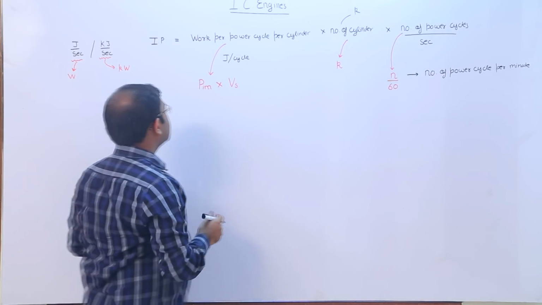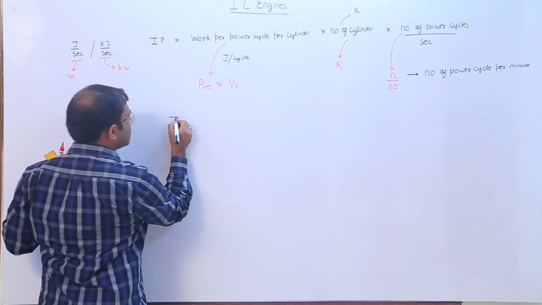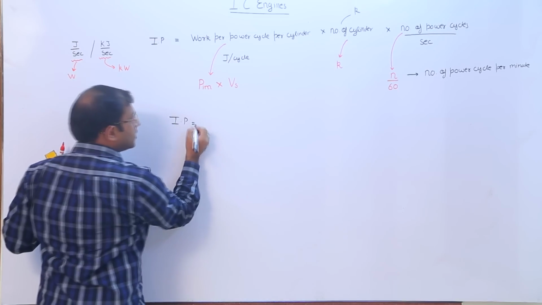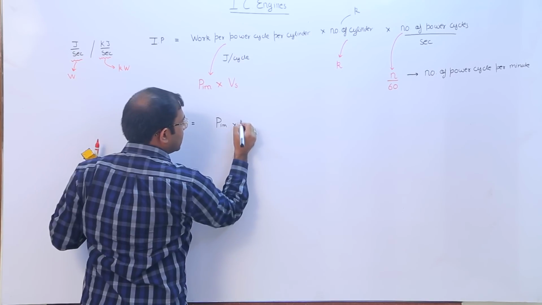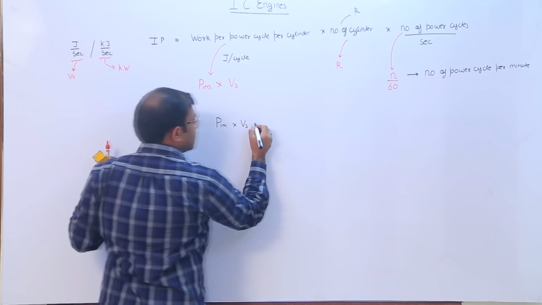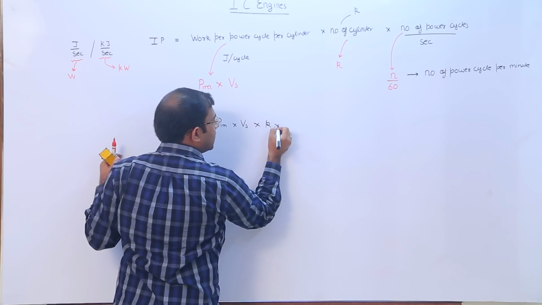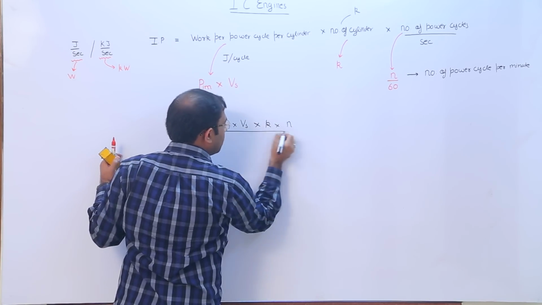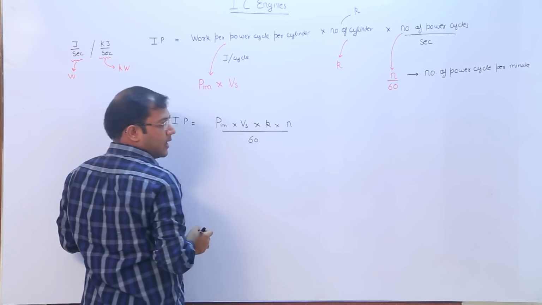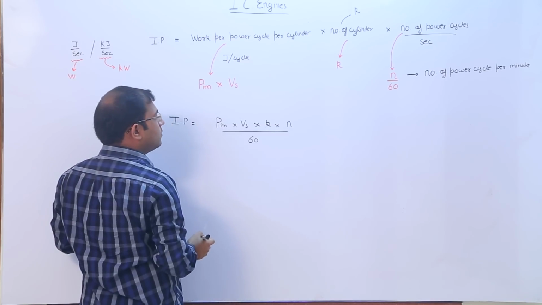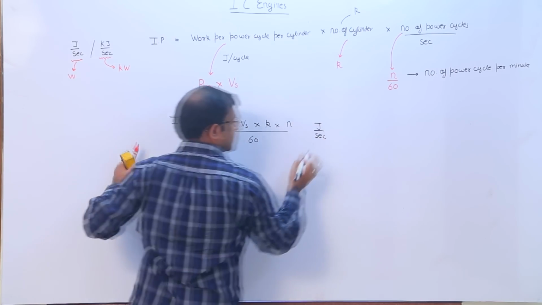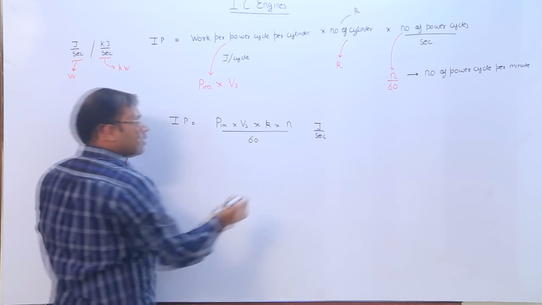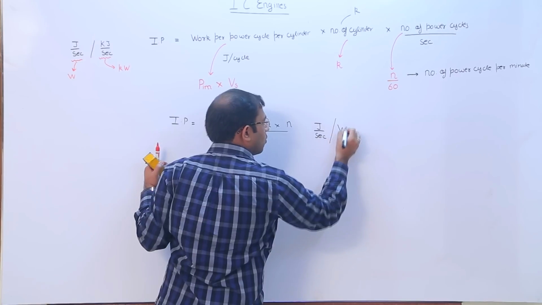So the expression simply can be written as indicated power is equals to PIM into Vs into K into N by 60, and here the units will be your joule per second, or we can say simply watt.